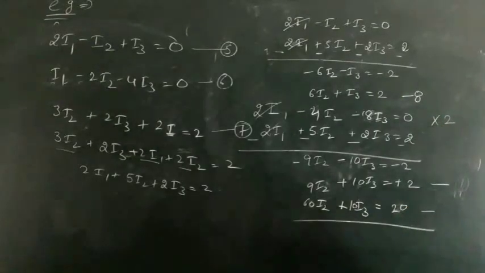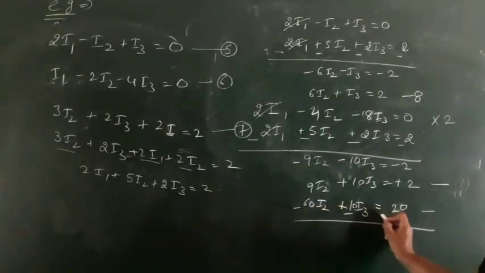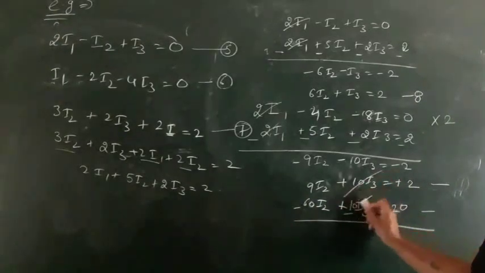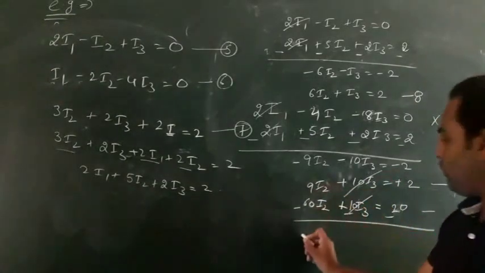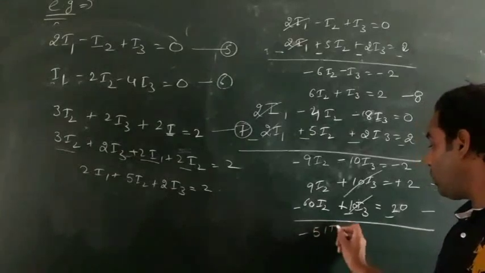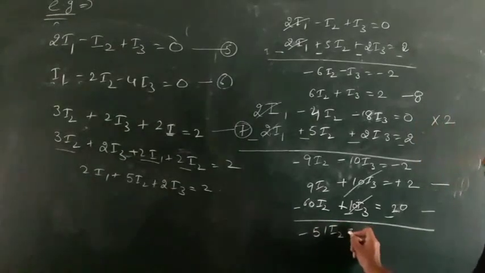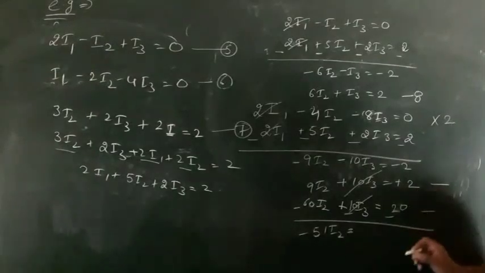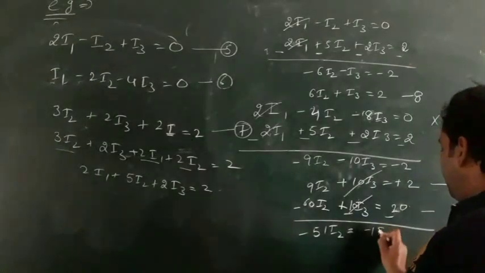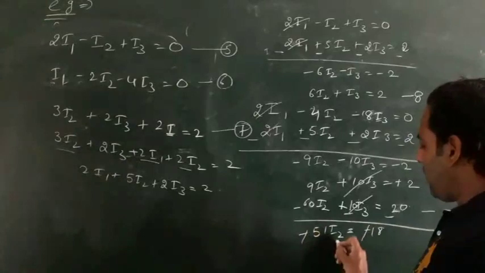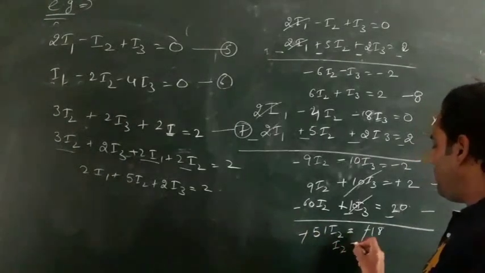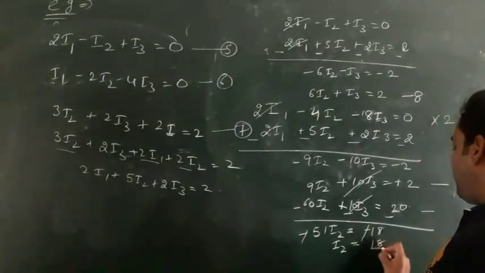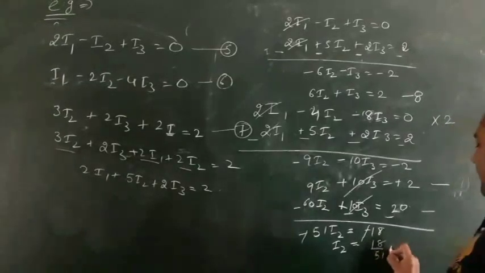When you subtract it, here is minus, this is again minus, this is again minus. So those two terms cancel with each other. Here comes out minus 51I2 is equal to, this is 2, that is 20, comes out to be minus 18. That minus cancels with the other. So I2 comes out to be 18 by 51 ampere.